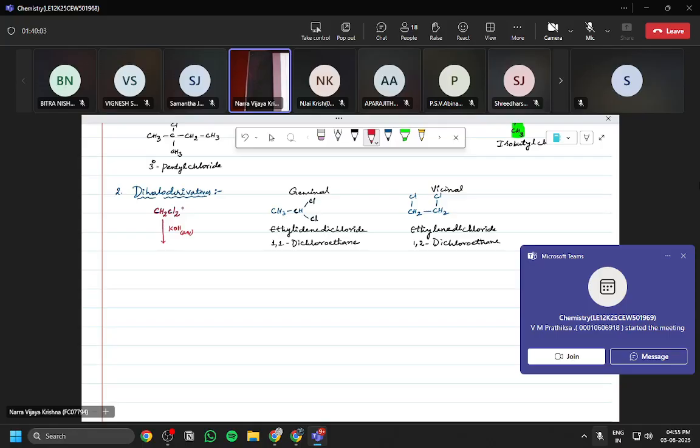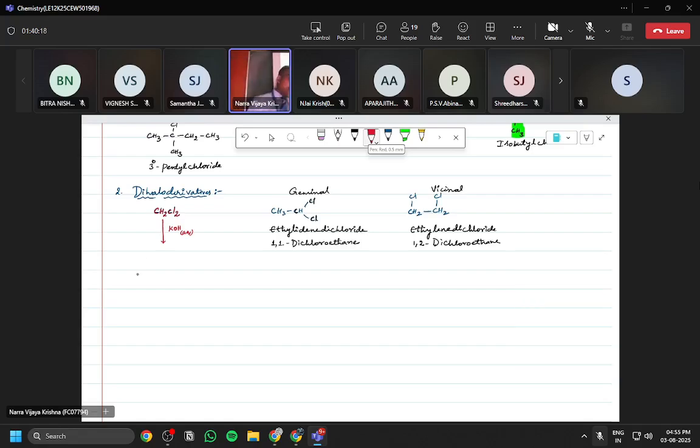Pull acidic hydrogen. Okay, first I will write aqueous KOH. If I write aqueous KOH, what happens? OH minus will go on and replace chlorine. Substitution reaction. The reaction proceeds via the SN2 mechanism. Now, what is the product?